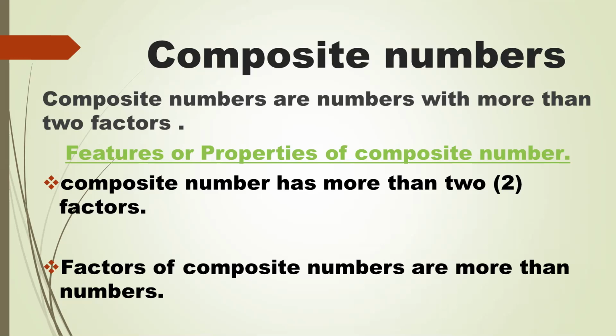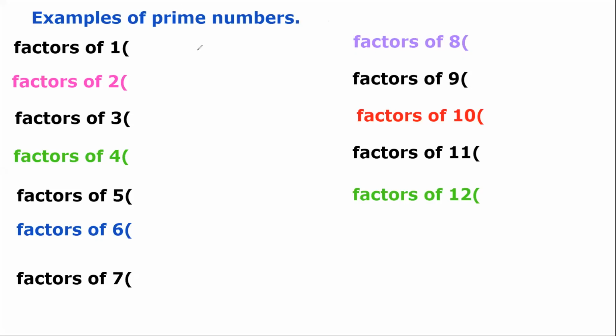Then let's see some examples. Now you are going to find the factors of the numbers 1 to 12, and with the help of the factors of these numbers, you'll be able to identify those numbers which are prime and those which are composite.